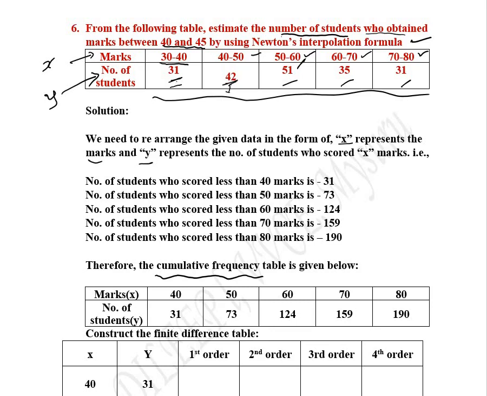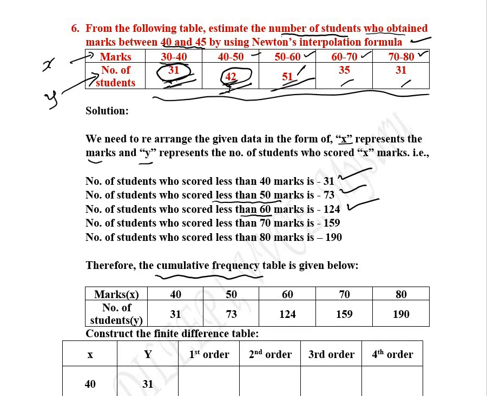Observe the statement here. The number of students who scored less than 40 is given, that is 31. The number of students who scored less than 50: 42 plus 31 gives 73. The number of students who scored less than 60 is nothing but 31 plus 42 plus 51, which gives 124.